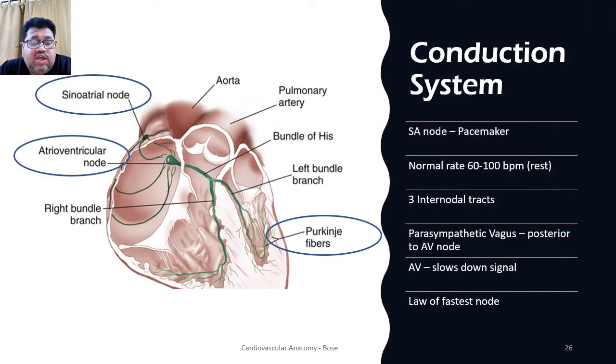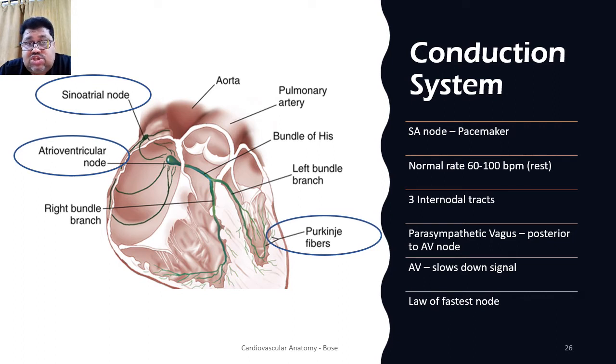The heart has contractile elements, but it also has electrical elements. There is a conduction system in the heart where electrical impulses will auto-generate and travel through electrical tissue within the heart.